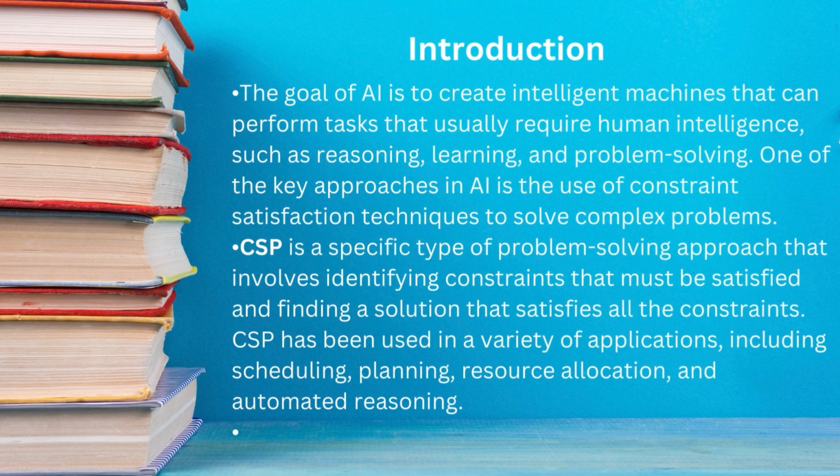CSP is a specific type of problem solving approach that involves identifying constraints that must be satisfied and finding a solution that satisfies all the constraints. CSP has been used in a variety of applications including scheduling, planning, resource allocation and automated reasoning.